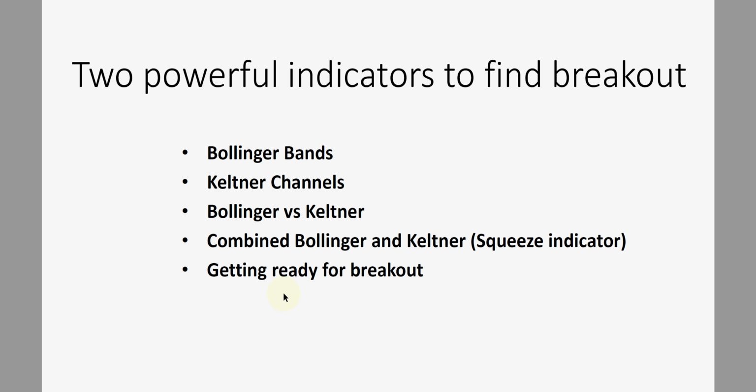We will also discuss how we can use this knowledge to prepare for breakout. At the end of this presentation, you should be able to determine from a chart when the price is consolidating and preparing for a breakout.